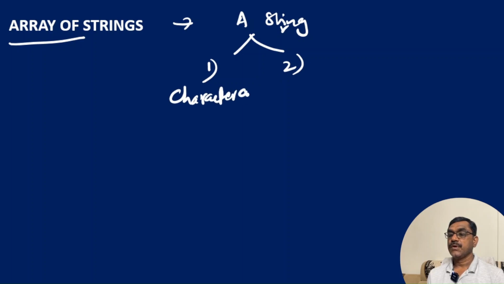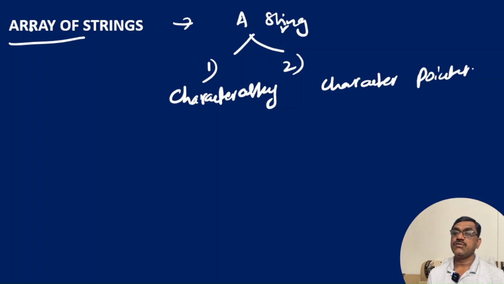In the previous classes, I said that an ordinary string can be implemented in two ways: one is a character array, and the second is a character pointer. But in this session, we are going to talk about array of strings, how to store multiple strings.